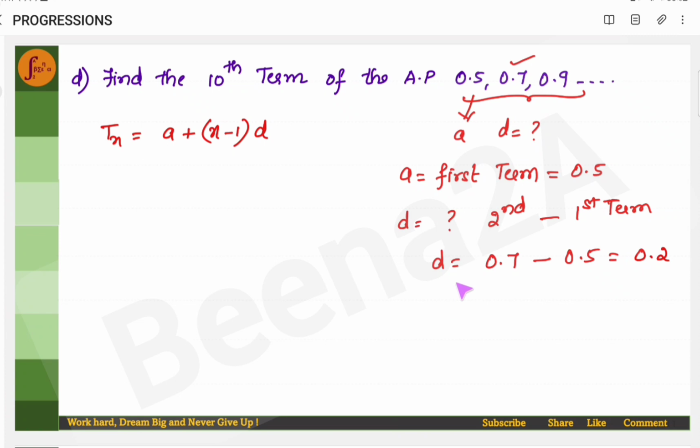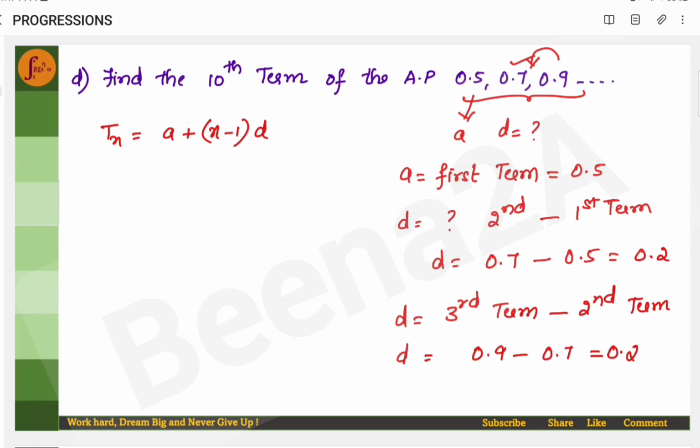We can similarly try with the third term minus the second term. The third term is 0.9, the second term is 0.7, so it's going to be 0.2. So the difference is 0.2 in both cases.